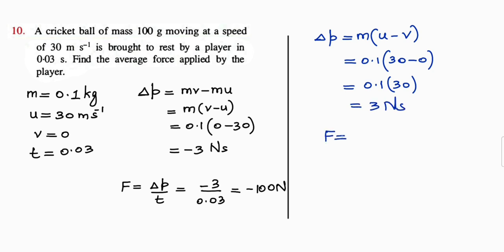Hence force, which is equal to rate of change of momentum, that is 3 upon 0.03, and answer is 100 newtons. Both answers are correct. If you get minus, just write it over there that this is retarding force. It is not that mathematics wala minus sign. This is for showing that the initial speed is more than the final speed. Final speed is 0. Okay.